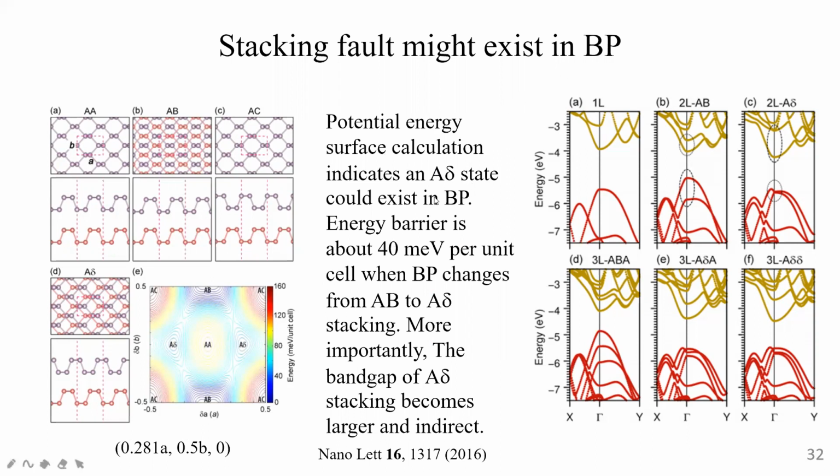This stacking fault happens when, for example, AB is the typical arrangement of black phosphorus, and the second layer shifts by 0.28 times a, 0.5 b, to the A-delta stacking.